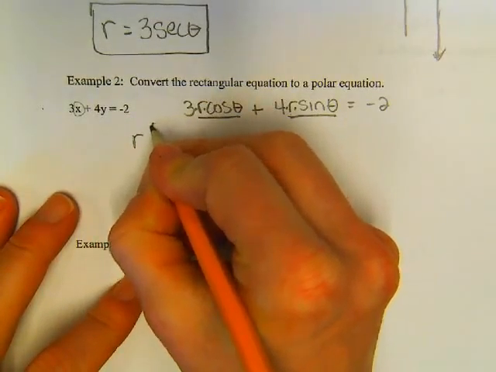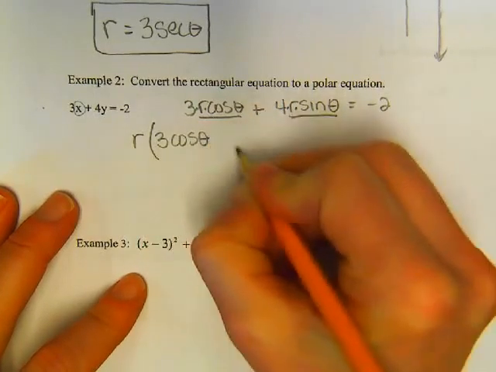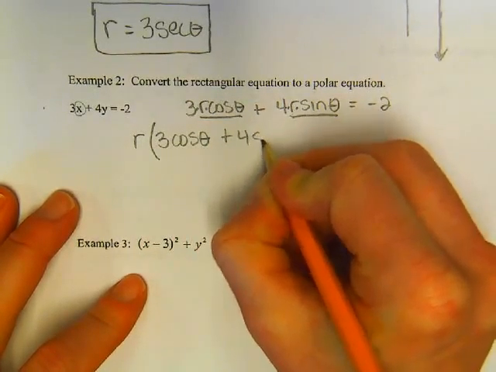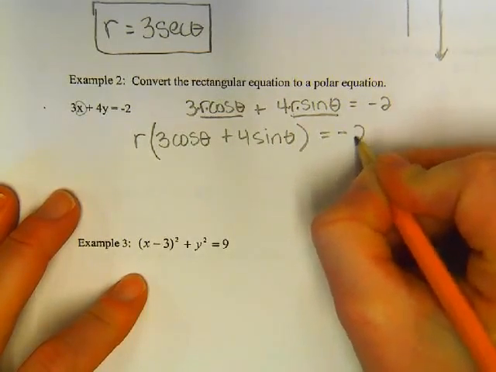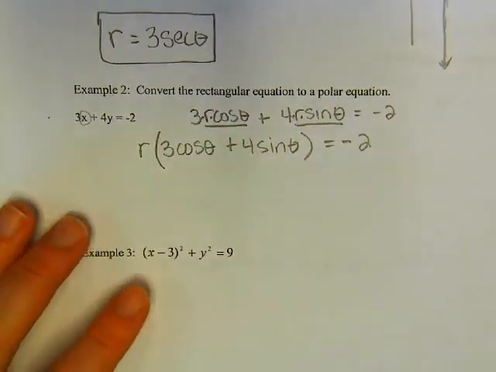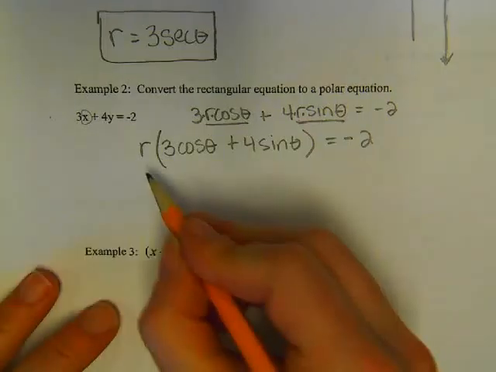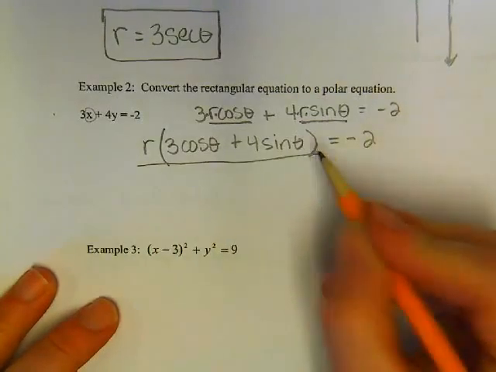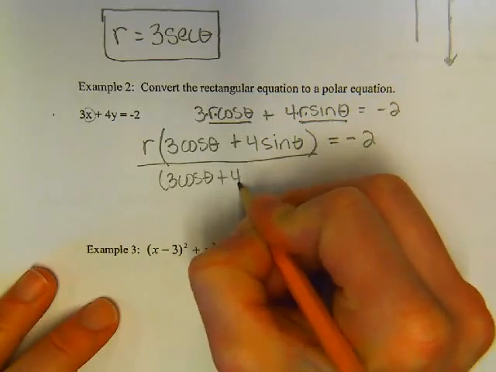If I did that, I would be left with 3 times cosine of theta plus 4 times sine of theta equals negative 2. All right, so now I'm going to divide by this whole expression, 3 cosine of theta plus 4 sine of theta.